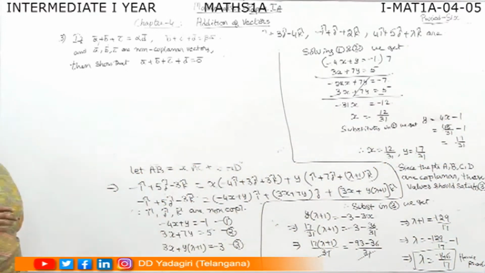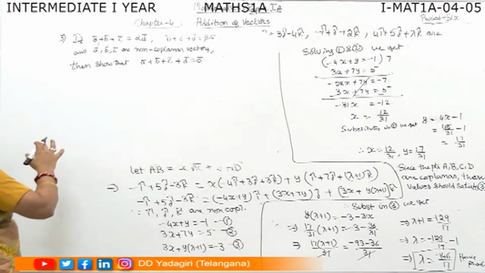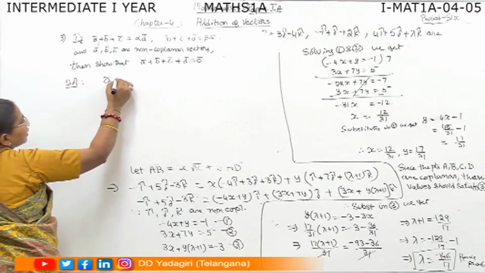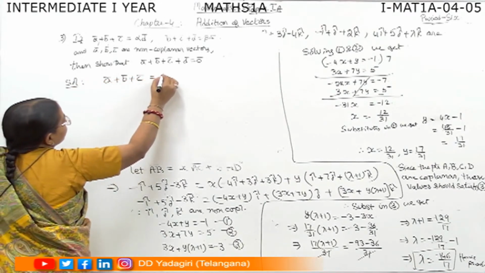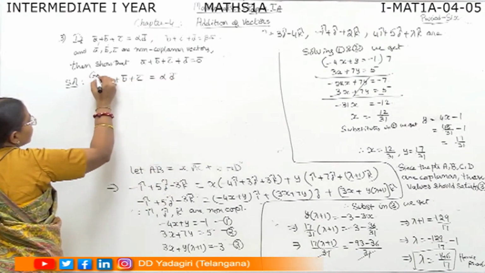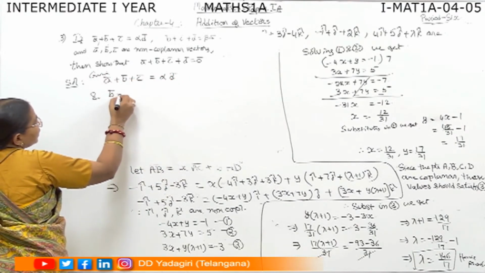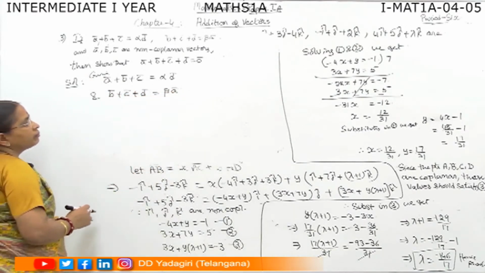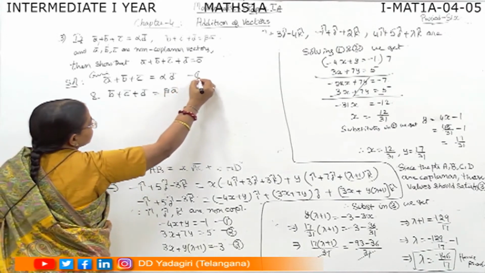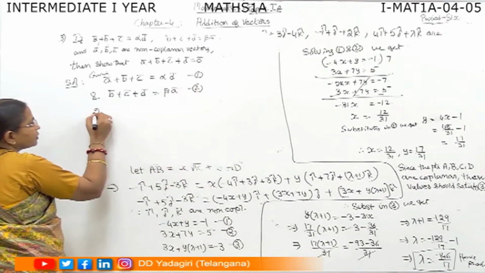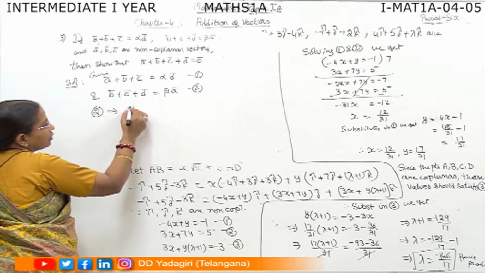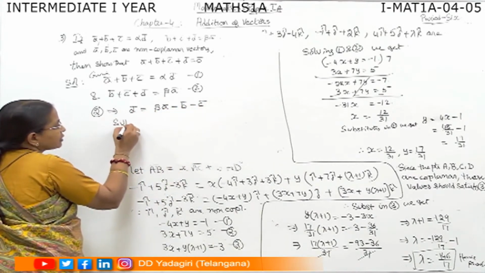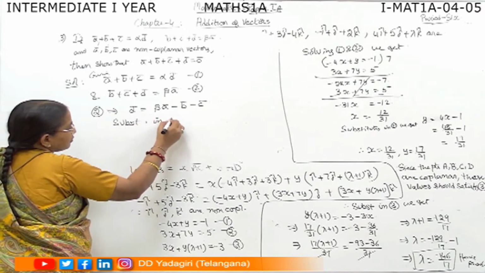We are given only about A, B and C. So what we'll do is, from the given equations, combine them and write in terms of only A, B and C. You are given A plus B plus C is equal to alpha D, and also B plus C plus D is equal to beta A. Now from the second equation, we will get the D value as beta A minus B minus C. Now we'll substitute this D value in the first equation.